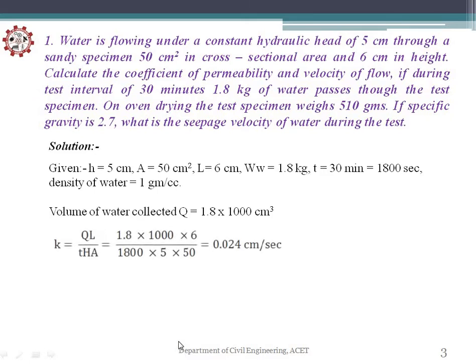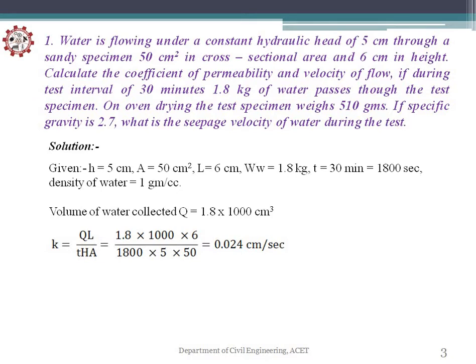Alright, next we need to calculate the coefficient of permeability. It is not mentioned whether it is a falling head or constant head test, but from the given values we need to decide. As Q, L and H are given along with area and time, we can say that we will apply the constant head test formula.